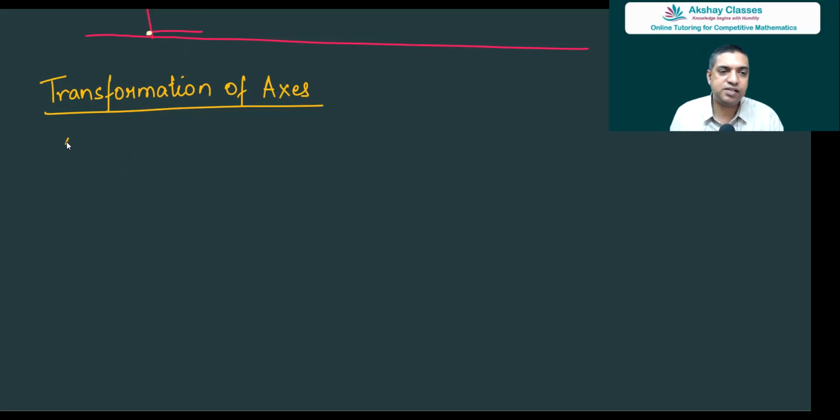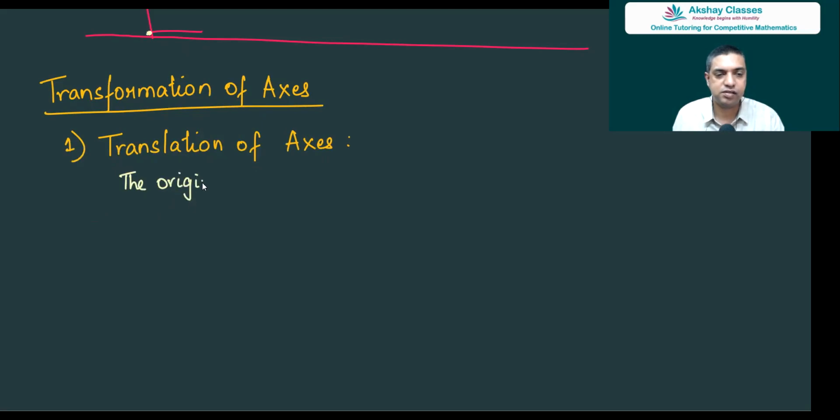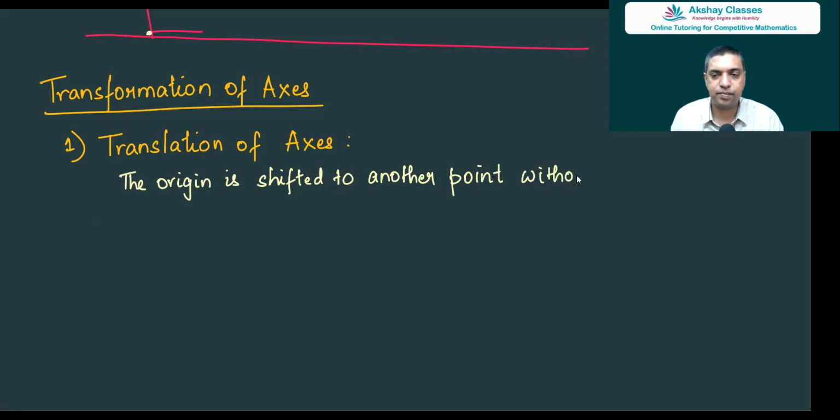So the first is translation. In translation of axis, the origin is shifted to another point without rotating the coordinate axis.